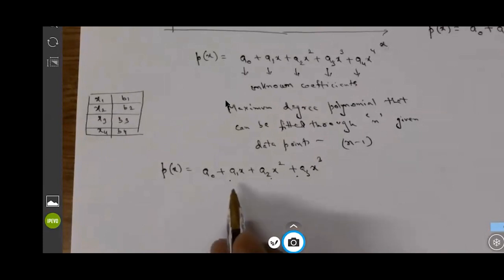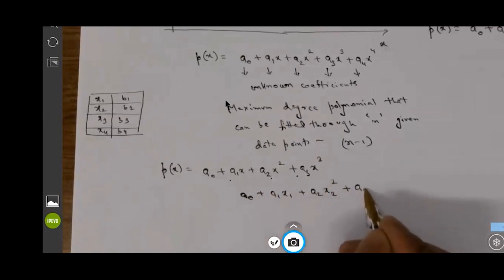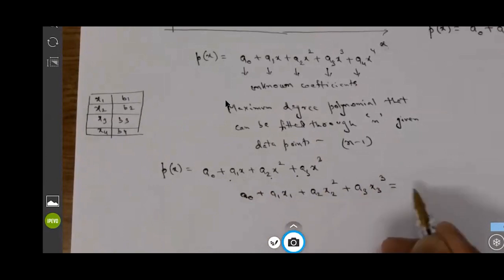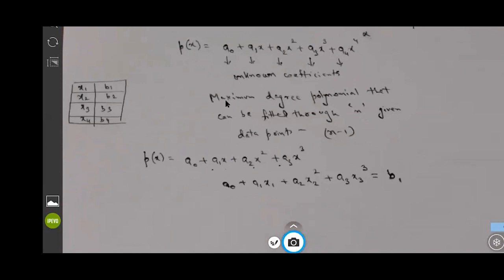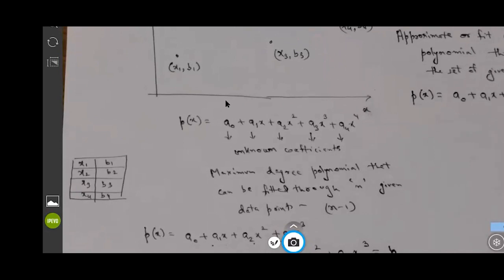How? I know that a0 plus a1 x1 plus a2 x2 square plus a3 x3 cube equals b1, if the polynomial exactly passes through the points.